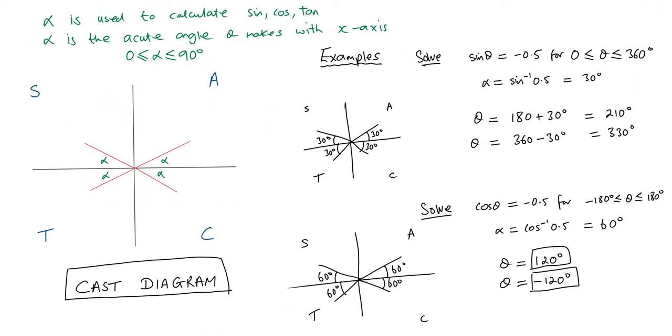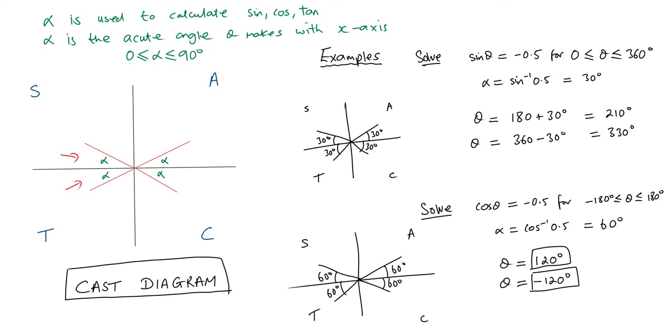As I said, when we calculate values of sine, cos and tan for angles that are more than 90 degrees, we don't use that angle to calculate them. We use the angle it makes with the x-axis, and this is the angle theta.